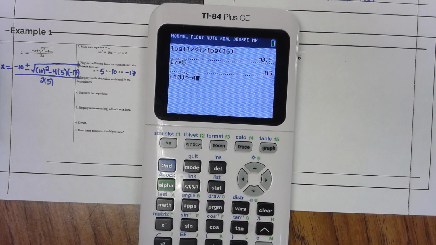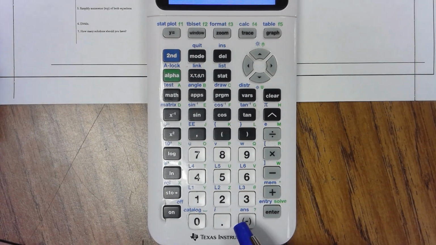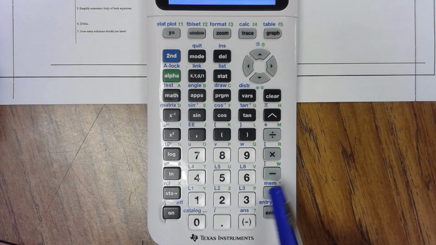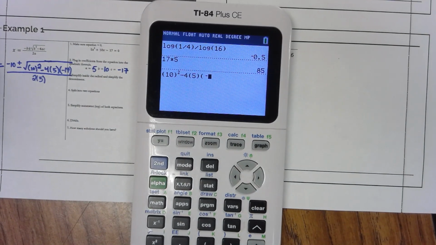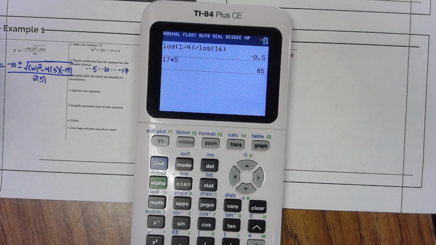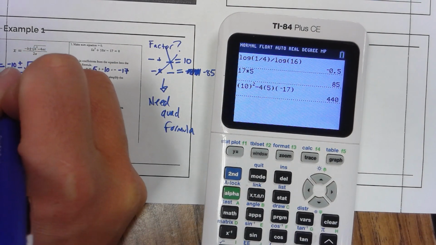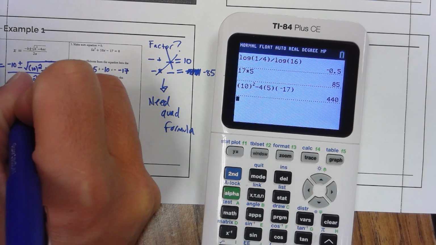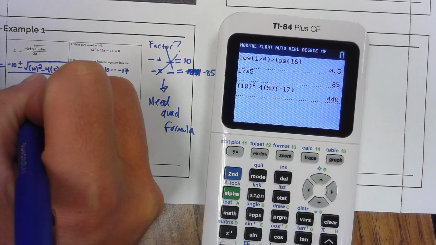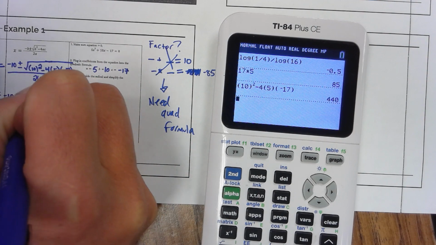So that's 4, and then the other numbers go in parentheses, so times 5, and then times, this is where I now use the negative button because 17 is negative, not the subtraction button. 17, close parentheses and press enter. I get 440. So the quadratic formula now gives us negative 10 plus or minus the square root of 440, all being divided by 10.